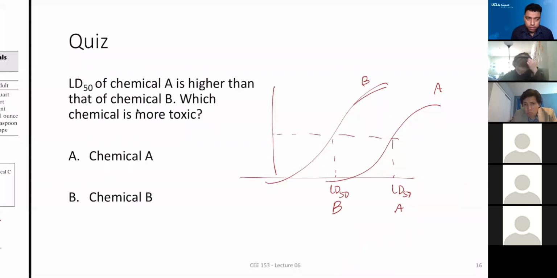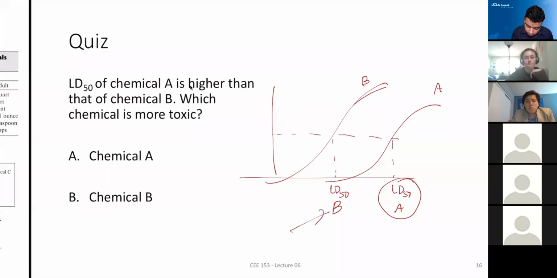Okay, here, it says LD50 of chemical A is higher than B. That means you need this much dose for A to cause death, so the dose amount for A is much higher. So chemical B, exposed to even a very small amount, will still cause toxicity.